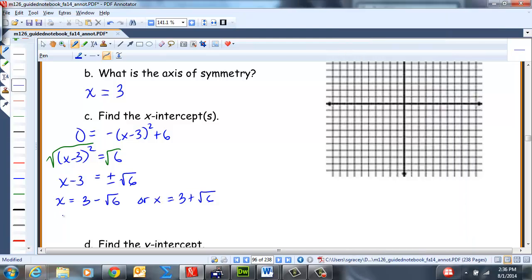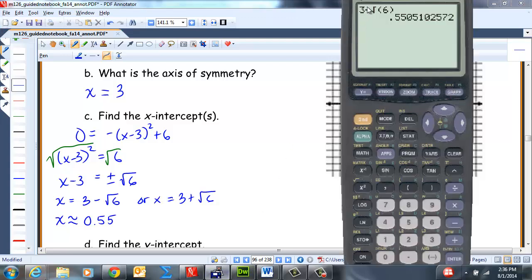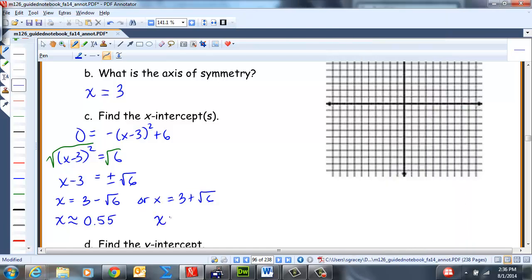So x is approximately 0.55. And then over here, you can just hit second, enter to get that entry back, and then change the sign to a plus if you want a shortcut. And so that's approximately 5.45. So for this one, x is approximately 5.45.